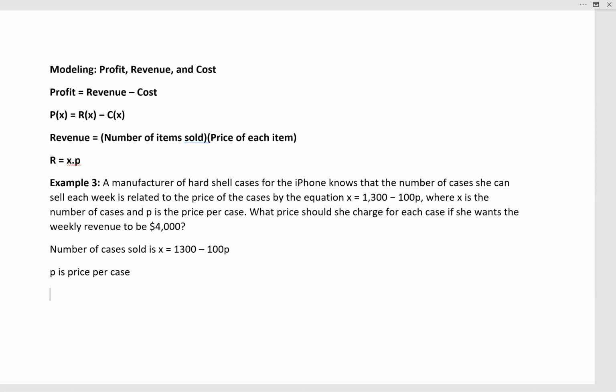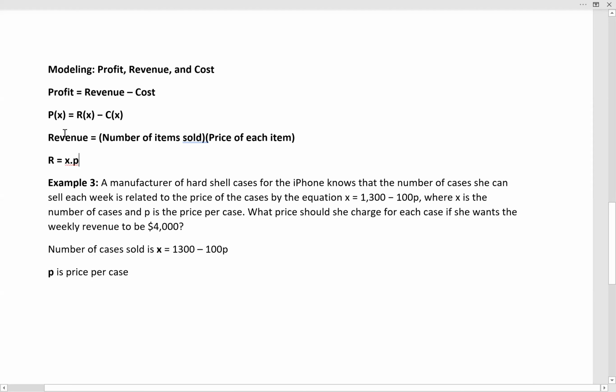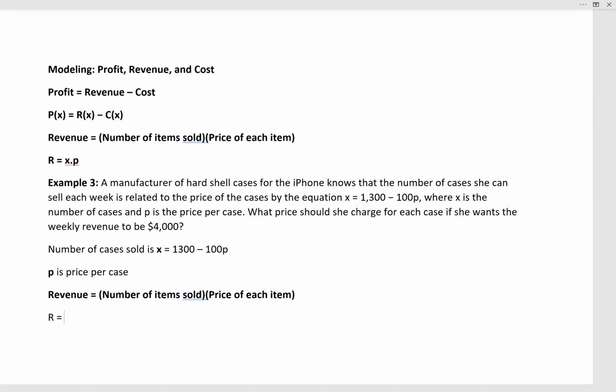Okay, from here you should know that you can find the revenue by the formula: revenue equals the number of items sold multiplied with the price of each item, right? So R equals x times p, right?